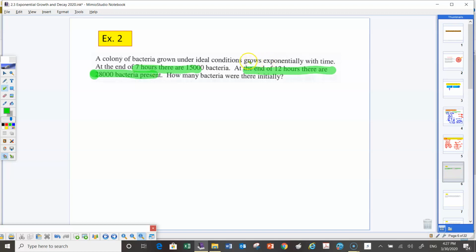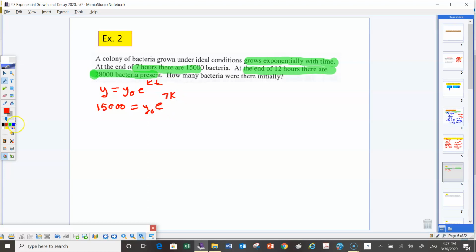Now, it's telling us it's growing exponentially with time, so we know this is an exponential growth equation, so we can go straight to our formula, y equals y subscript o e raised to the kt. And using our first set of data, we know that when time is 7, the total number of bacteria is 15,000, so 15,000 is going to be equal to y subscript o e raised to the 7k.